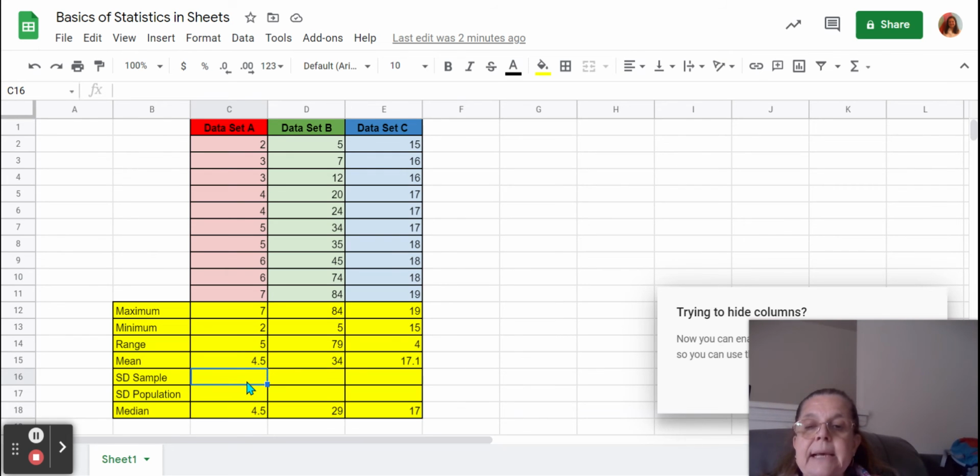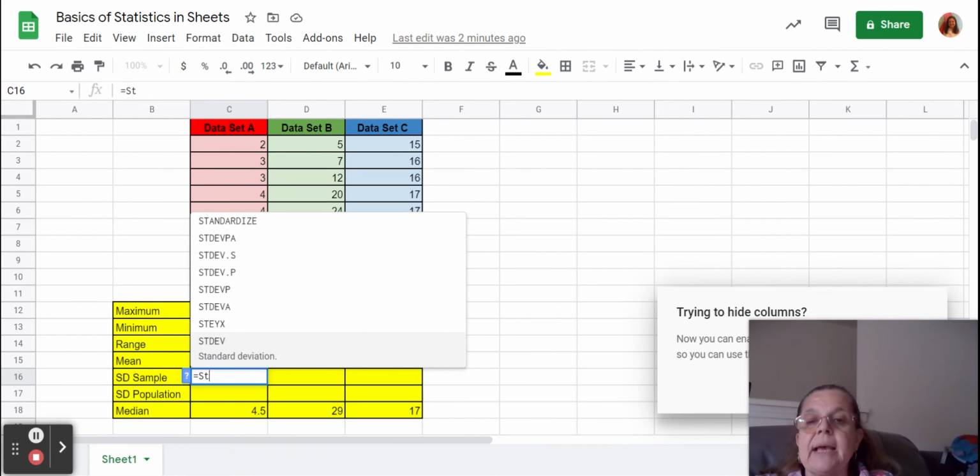We want the sample standard deviation. So I'm going to put equal and start typing standard deviation, STDEV. So if you look here, we have STDEV, standard deviation. S is for sample. P is the standard deviation of the entire population.